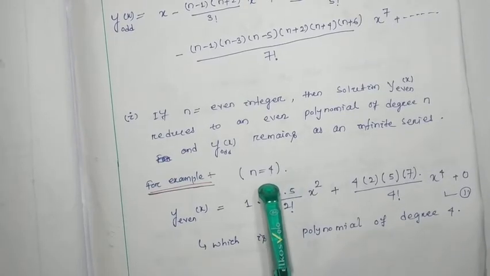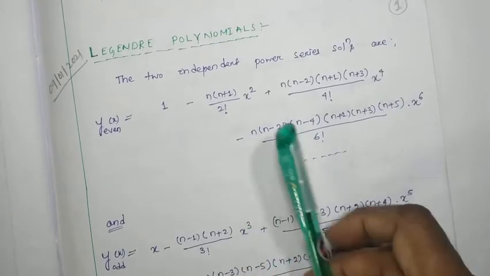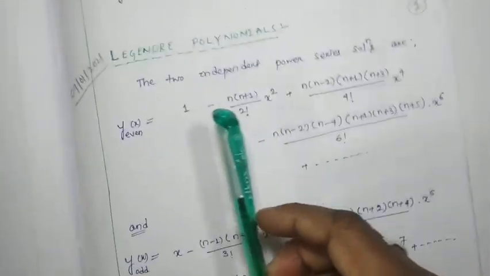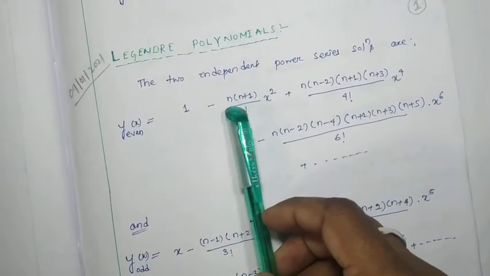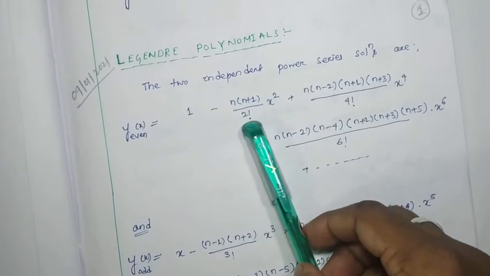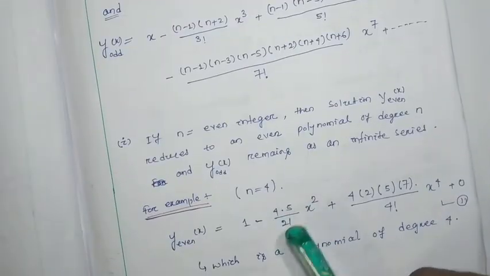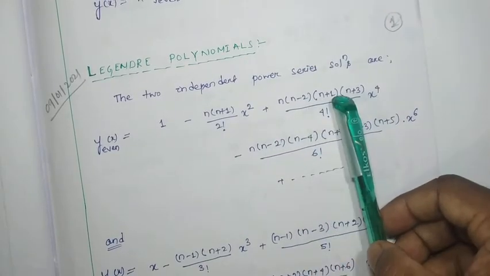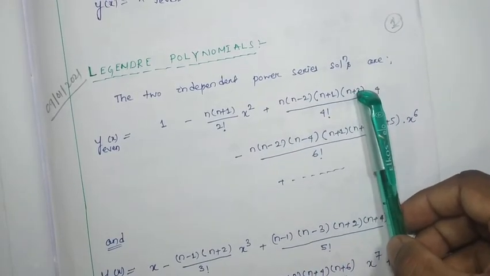If we put n equal to 4, then the y even term will be 1 minus, n equal to 4 means it will be 4 into 5 by 2 factorial into x square. Here it will be 4 into 2 into 5 into 4 plus 3, 7.